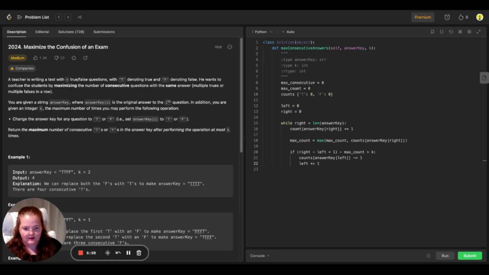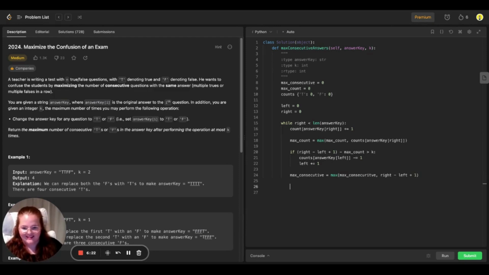And then we'll say max consecutive equals the maximum of the max consecutive and right minus left plus 1.